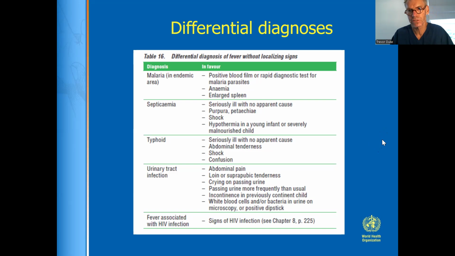So virus infections come into this as well. But I guess the WHO Pocketbook of Hospital Care for Children is teaching people to identify the most serious and dangerous conditions, and those that require specific treatment. All of these, malaria, septicemia, typhoid, urinary tract infection, require specific treatment.